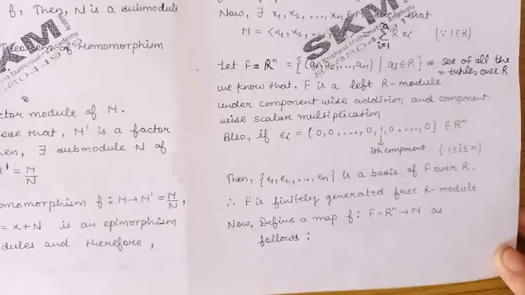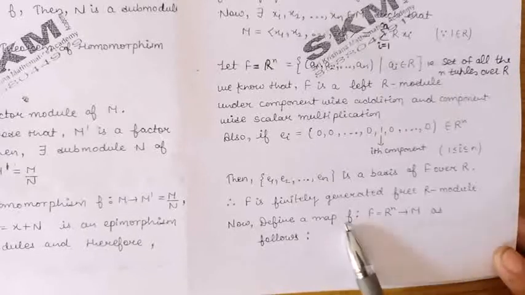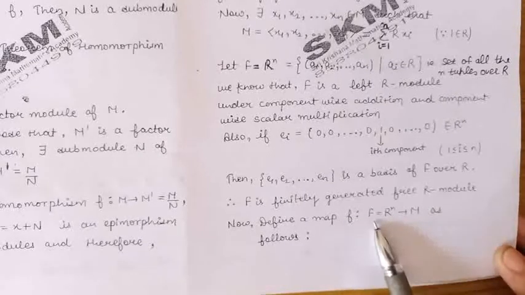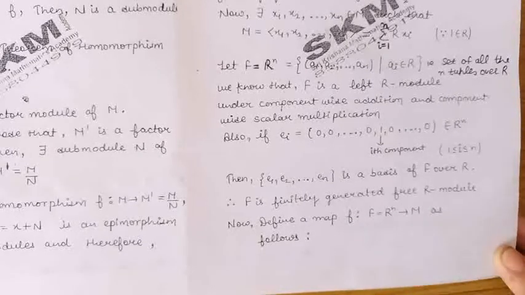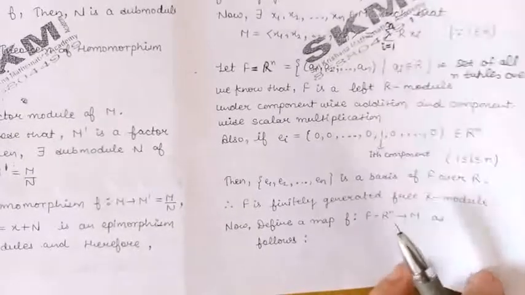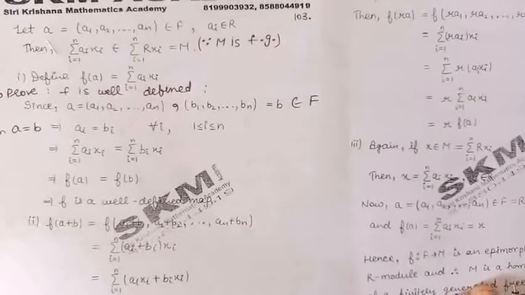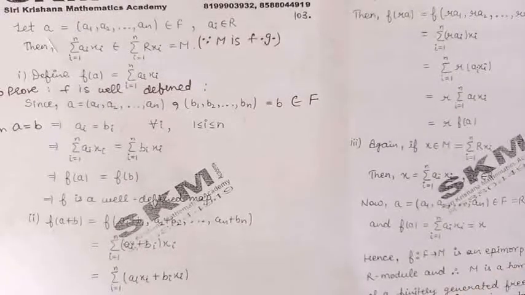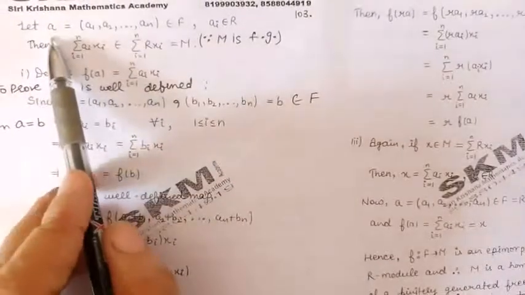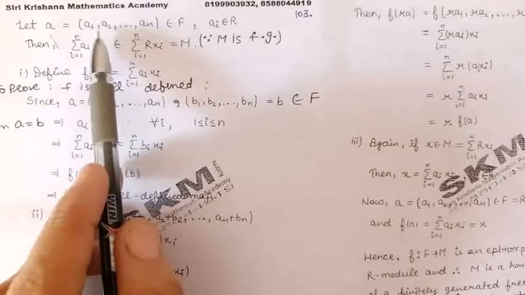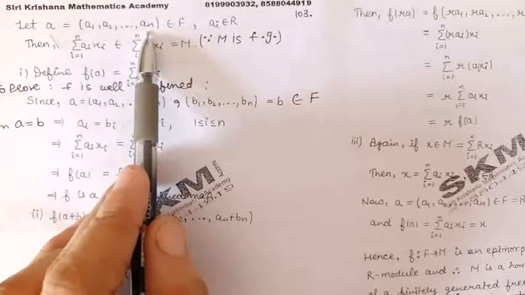Now let us define a mapping f from F into the module M. To define this mapping, let us take an element from F. By definition of F, the elements of F are n-tuples over the ring R. So let us take a having the components a1, a2, a3 up to an.